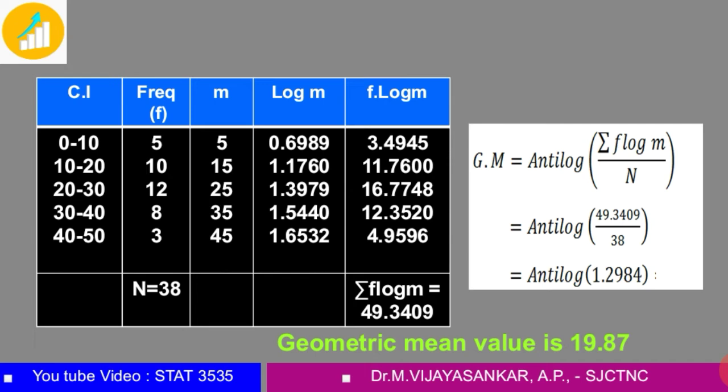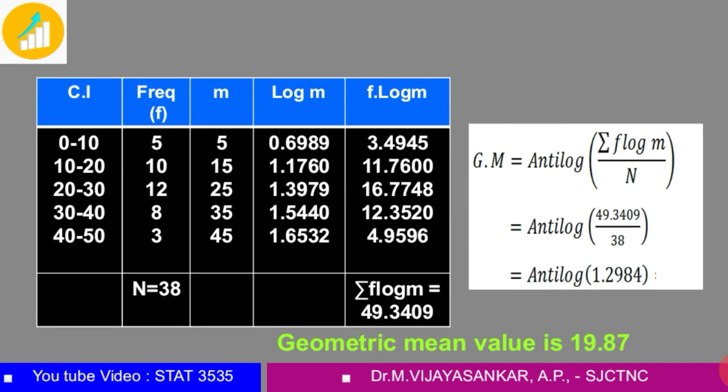Multiplying these two values, we get 3.4945. And so on, we get 11.7600, 16.7748, 12.3520, 4.9596. Now, summing these values, we get 49.3409. This is our numerator answer.